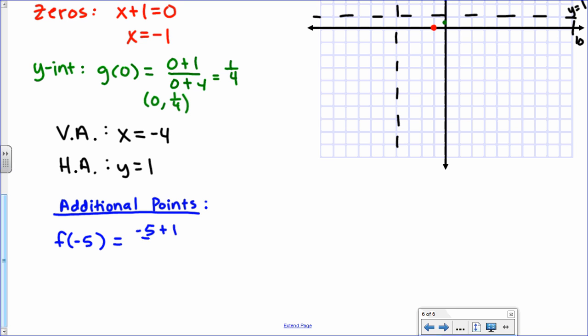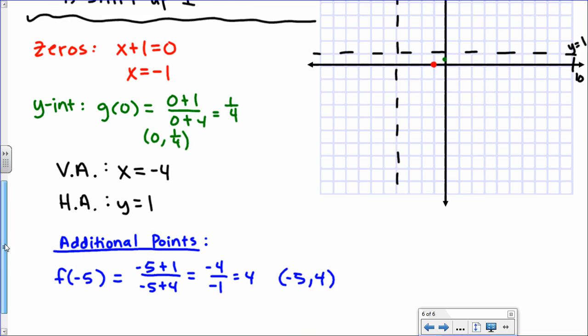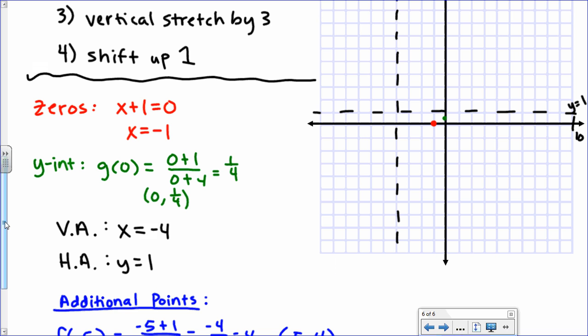And again, I'm working back. You could plug these in to your shifted form, but the standard form is easier to do this part. So that's -4 over -1, +4. So (-5, 4). Okay.